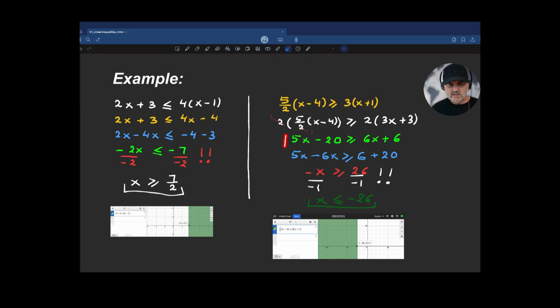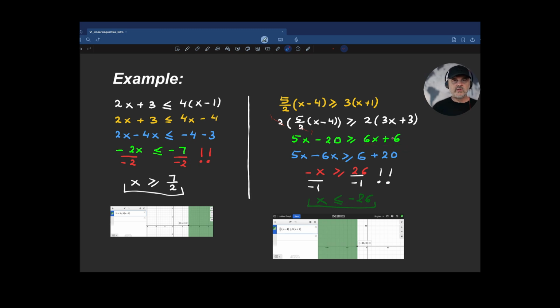So this is why you get 5 times x and 5 times negative 4. So you get 5x minus 20, less or equal. You copy the inequality sign the way it was given in the first place. So this is the same. And then 2 times 3x and 2 times 3. So therefore we have 6x plus 6.